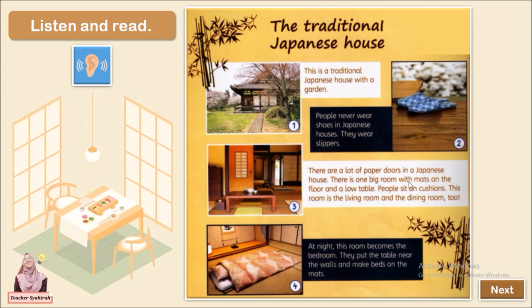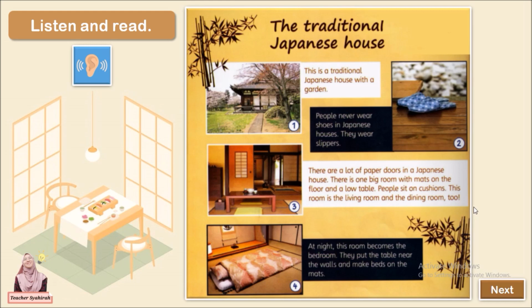There is one big room with mats on the floor and a low table. People sit on cushions. This room is the living room and the dining room too. At night, this room becomes the bedroom. They put the table near the walls and make beds on the mats.